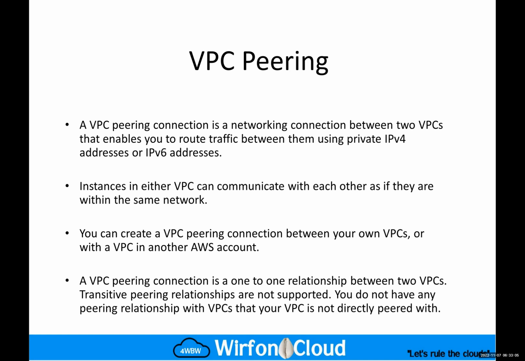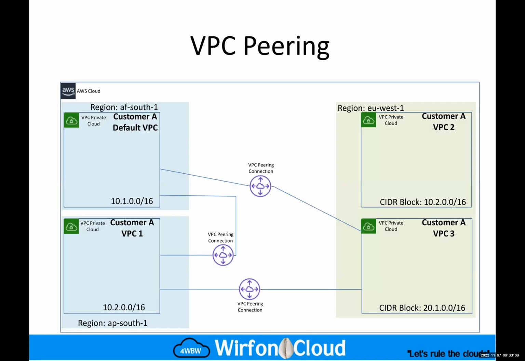As I show here in the diagram, if the default VPC is paired with customer VPC 3 through a VPC peering connection, and customer VPC 1 is also connected with VPC 3, this does not mean that the default VPC is paired with VPC 1. If you want the two of them to communicate, you also have to create a separate peering connection for those VPCs.